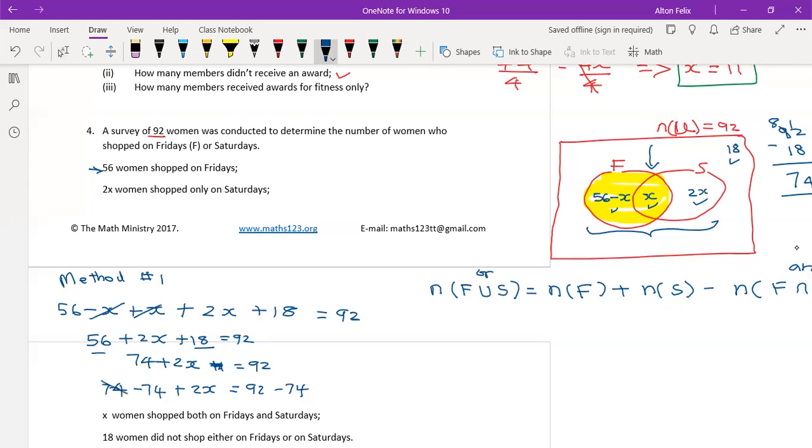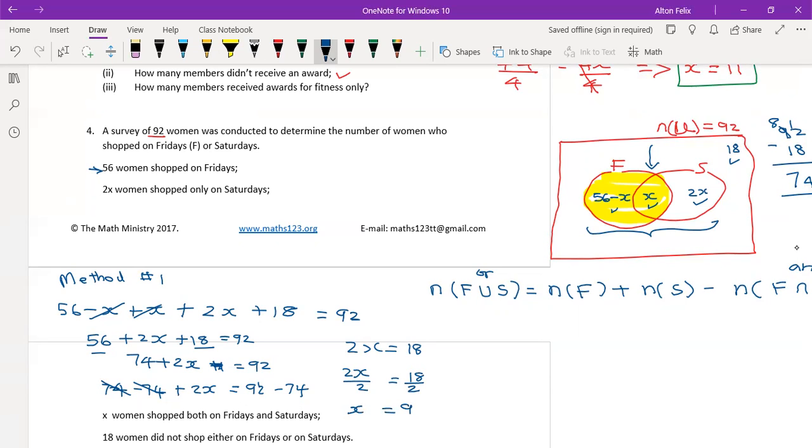So in doing so, we have cancelled that 74, so the equation becomes 2x equals 74. 92 minus 74 is what, 18? And then you solve, you divide by 2 on both sides. And you're left with x equals 9.